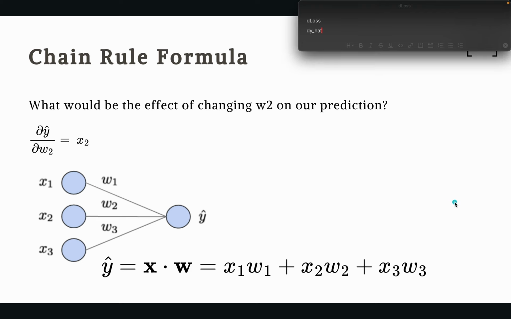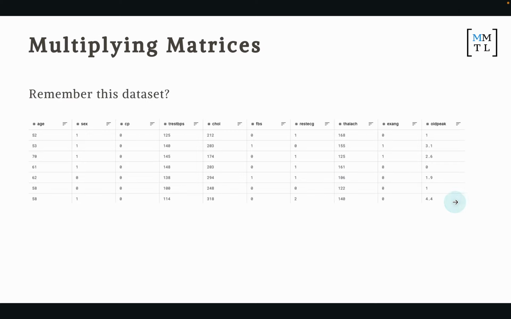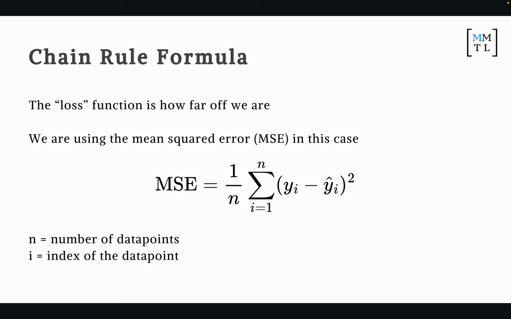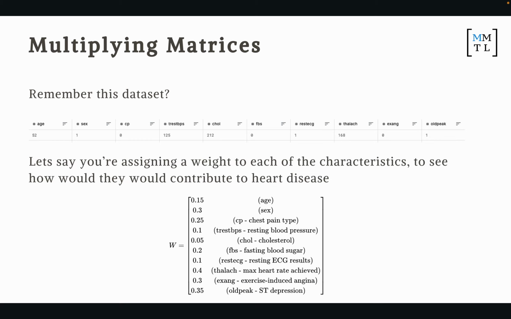Okay, so that will hopefully make tomorrow's stuff a bit easier to understand. So the last thing is, I think when I went through multiplying matrices the first time, it didn't really make too much sense because that's the first time we see multiplications. But hopefully it's a bit better now. So again, matrices are just a stack of vectors on top of each other. And let's say we're assigning a certain weight to each of these.